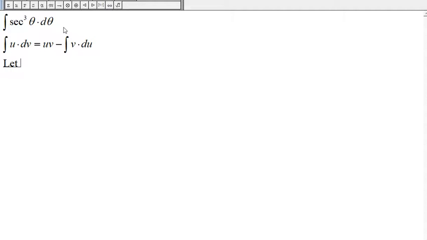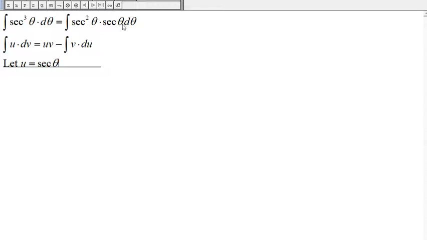So we let u be secant of theta, and let's rewrite this as secant square theta times secant theta d theta.